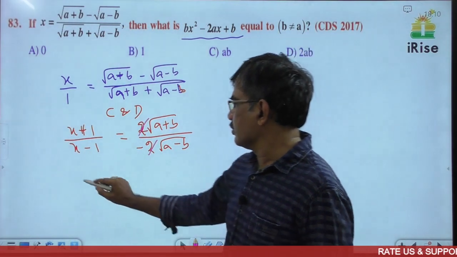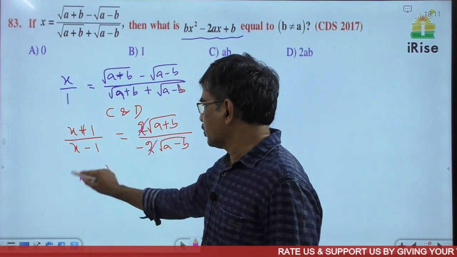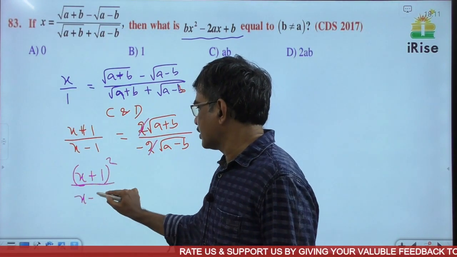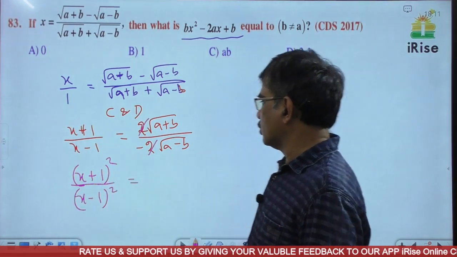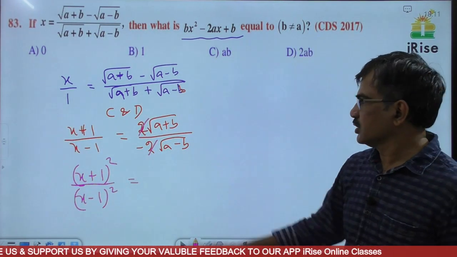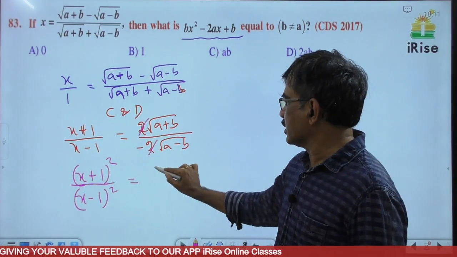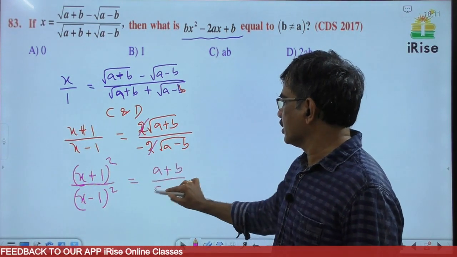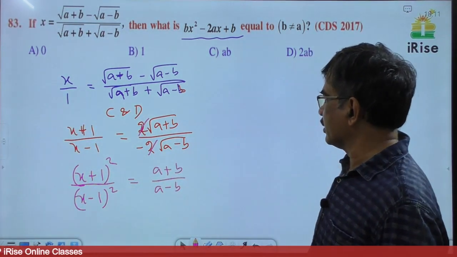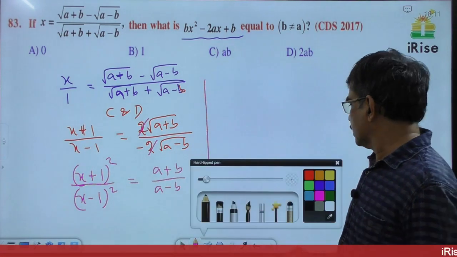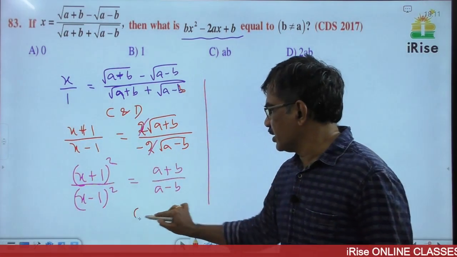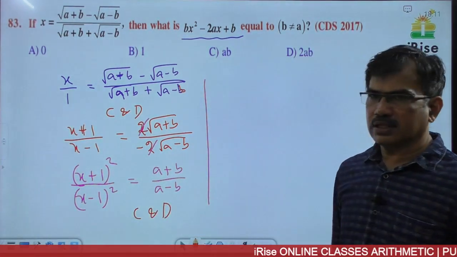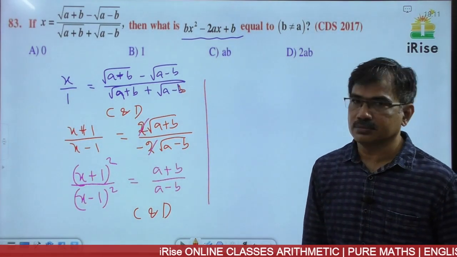Squaring, we get x plus 1 whole square by x minus 1 whole square is equal to, the roots get cancelled, we get a plus b by a minus b after squaring. Then again apply componendo and dividendo.